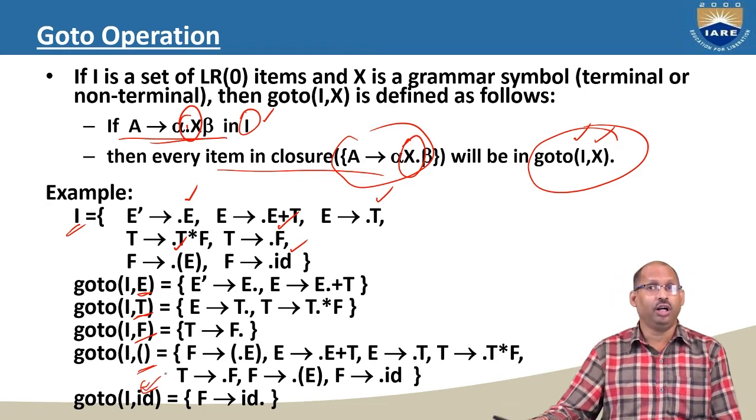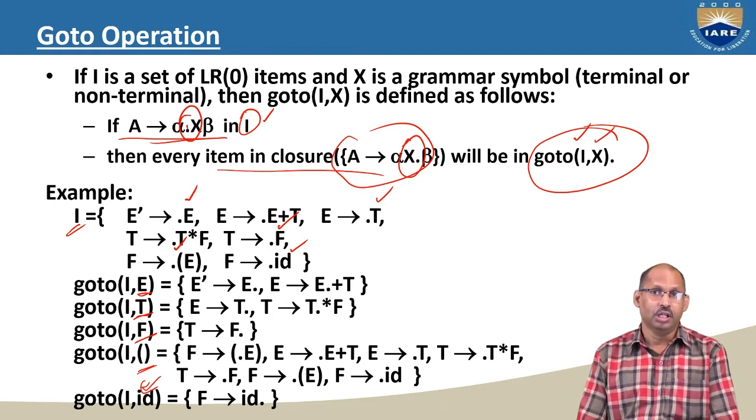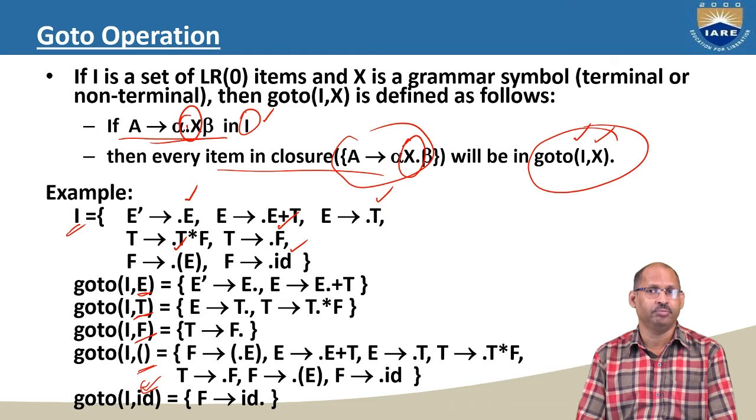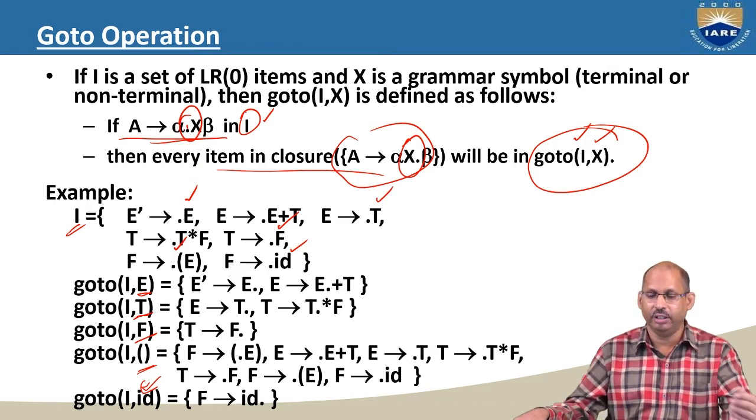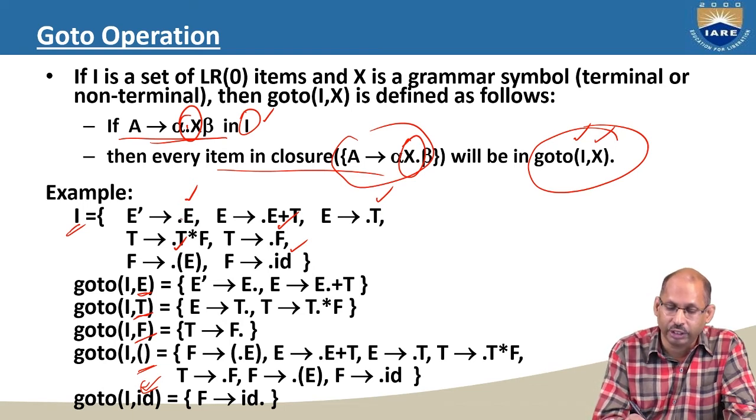So a dot followed by a symbol will have a Goto operation on that symbol. So I will have a Goto operation on these symbols: E, T, F, left parenthesis, ID. Now, what will be the new closure of I? Here, for X alpha X dot beta, the dot E becomes E dot.